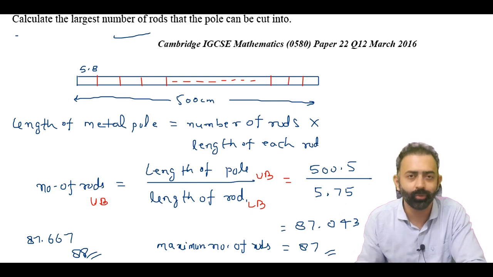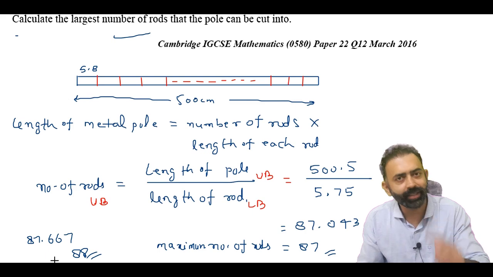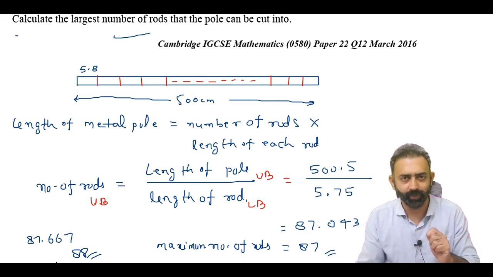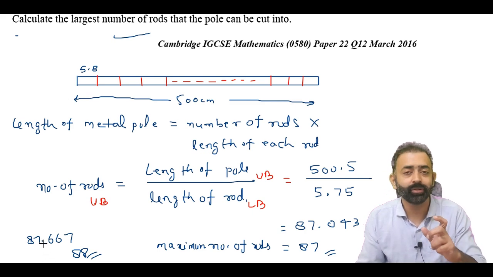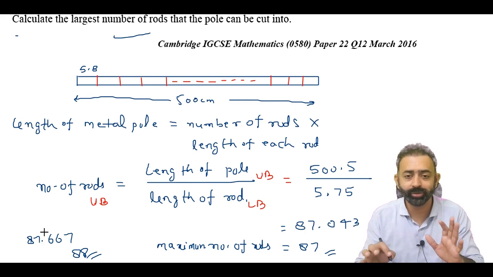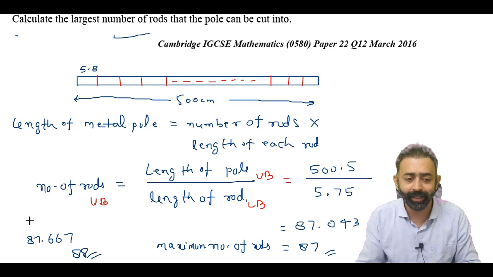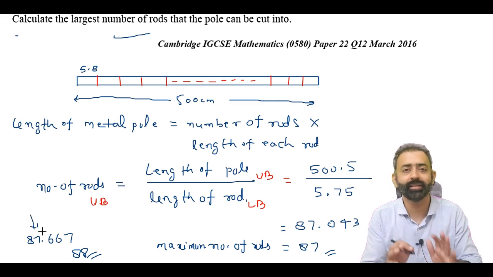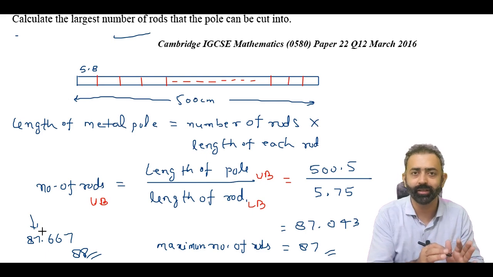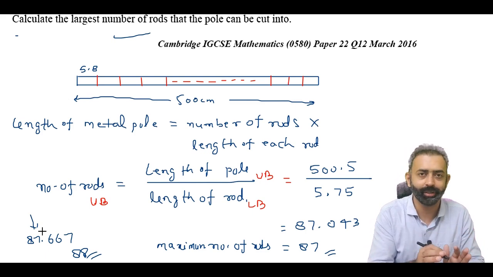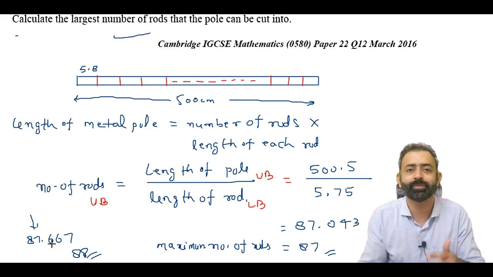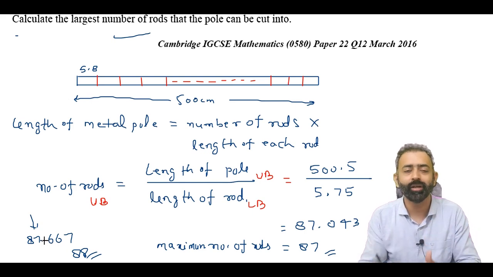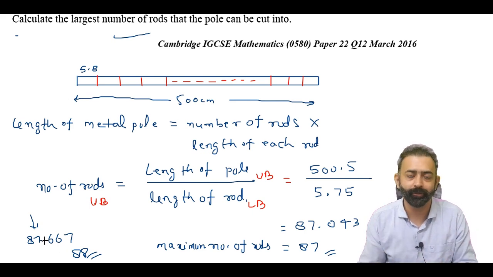But this 88 is wrong. The concept is not about rounding this number, because 87.667 indicates that 87 small rods are completed, and there is 0.667 of a rod which is yet to be completed.